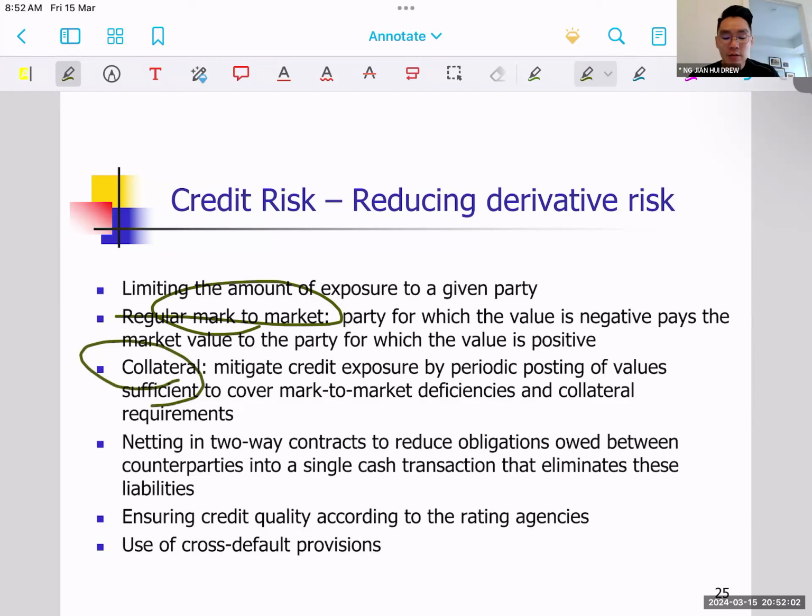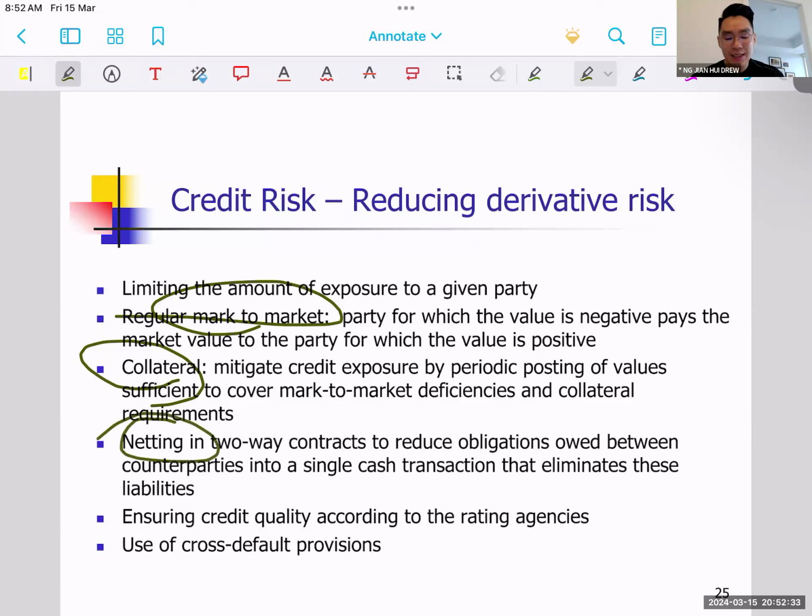We have some collateral, meaning things like a cash pool. It can be even a physical collateral like inventory or raw materials. So all these are physical things that the swap party or the derivative party can claim on in case there is some credit risk situation, right? So some collateral.